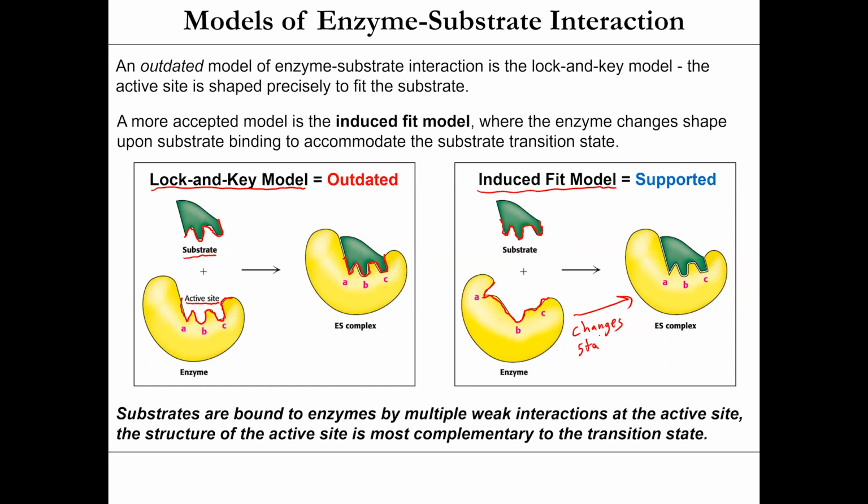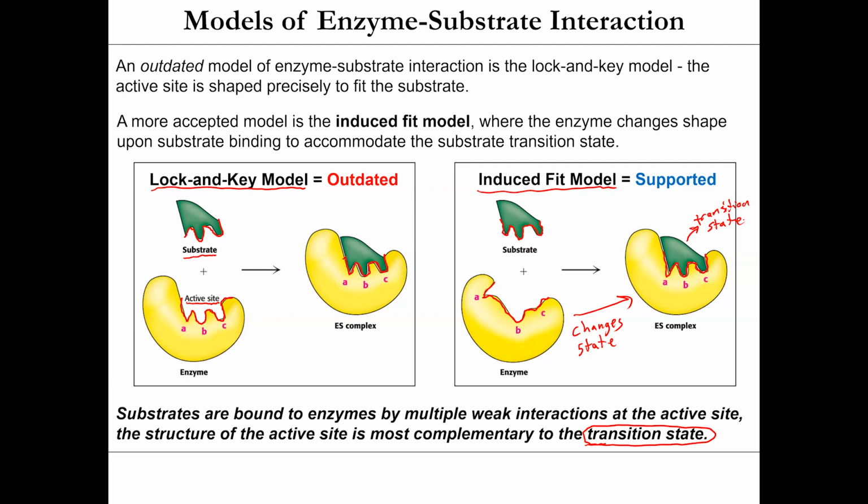So the best way to do that would be an active site that corresponds to the substrate, but actually changes conformation when the substrate binds so that it can accommodate the substrate transition state. The substrate is not going to be floating around in that transition state. You need it to bind to the enzyme and then the enzyme to be perfectly accommodated to that transition state. So that's how this induced fit model works. The substrate binds, that causes a structural change in the enzyme, and that allows the enzyme to accommodate the transition state.